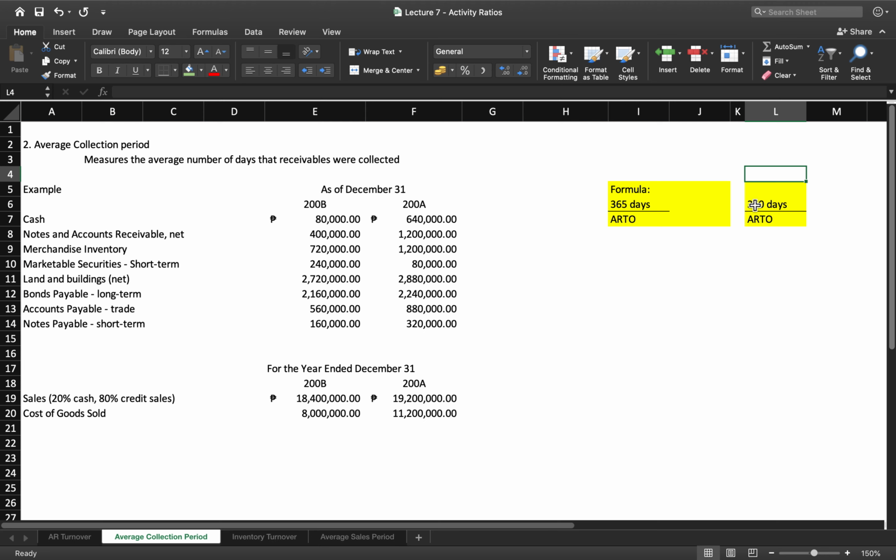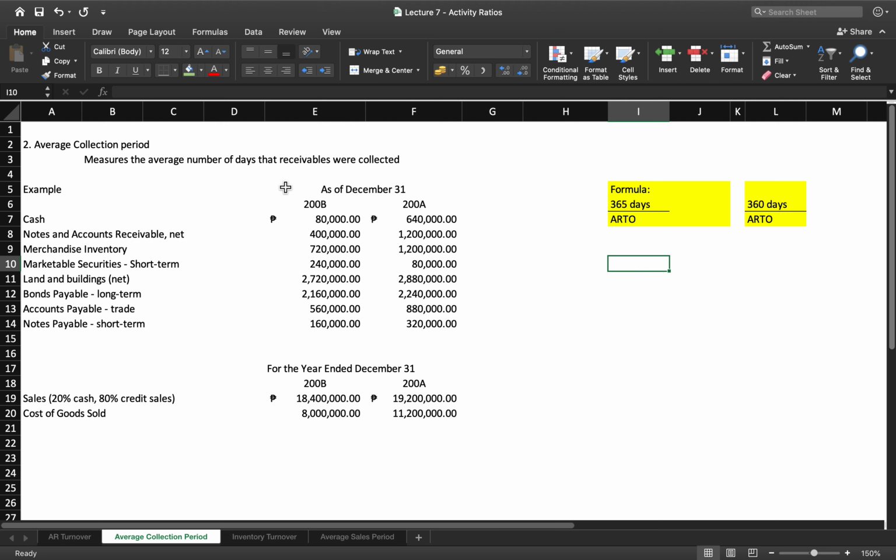So, if in our examination no answers are being generated with the conservative formula, then I suggest that we try using the 360 days divided by the accounts receivable turnover. Okay, so let's now solve.